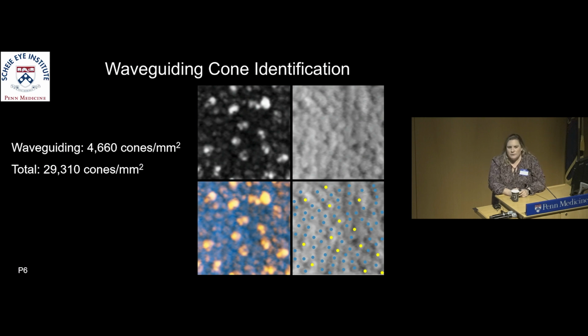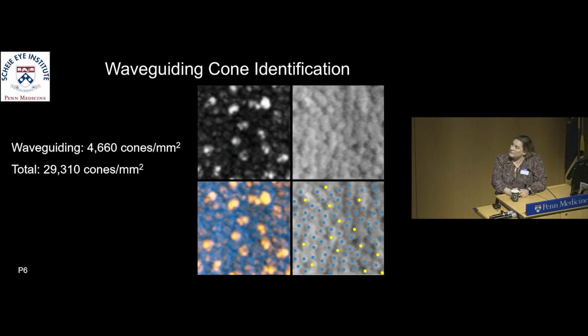And this can just help visualize that there really is a subset of these cells that exhibit the wave guiding. We already had identified the wave guiding cells, which are noted in the bottom right by the yellow dots, but then we went over this region of interest and identified all of the cones that were present as noted by the blue dots. And so with these measures then, we can calculate cone densities.